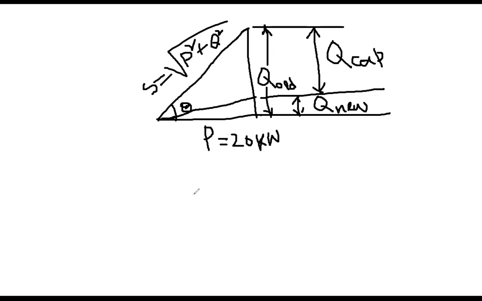So what is the thing? If you can find out the value of Q cap, the contribution in terms of kilovar or megavar of the capacitor that made a small value of Q, which is the Q new, then Q cap is the original or old value, this whole distance, Q old minus this Q new.